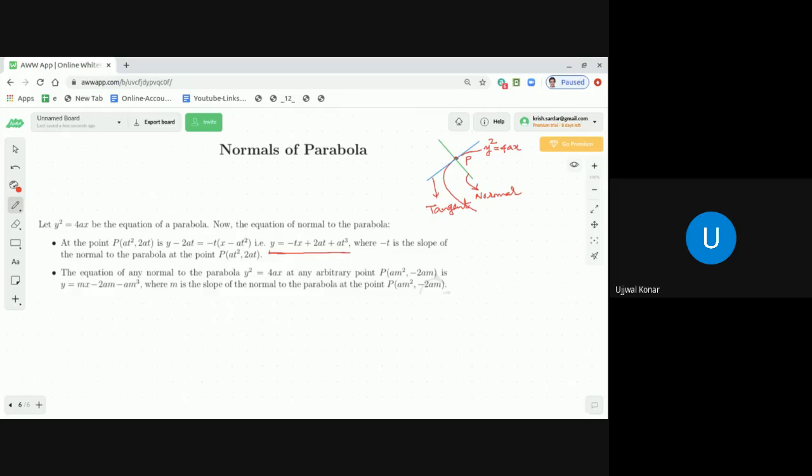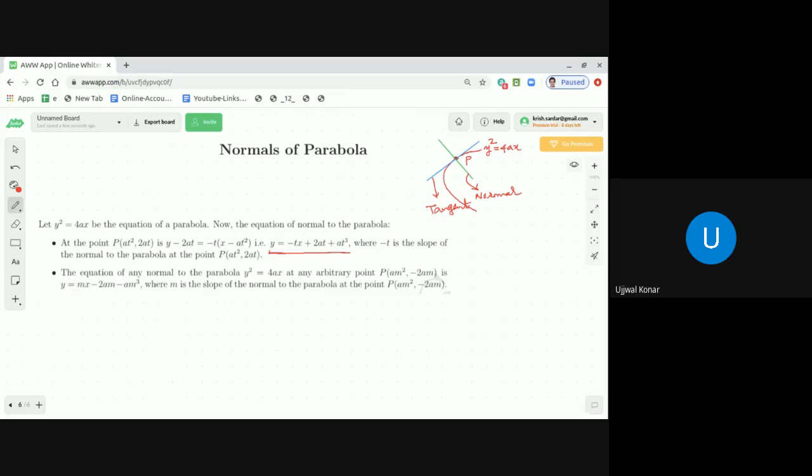Now dear students, if you recall, two times we have discussed during today's session that at an arbitrary point P whose coordinate is at square comma 2at, if you draw a tangent, what is the slope of the tangent? It is 1 by t. Now we know that tangents and normals are perpendicular to each other. So the product of the slopes of the tangent and normal should be equal to -1.